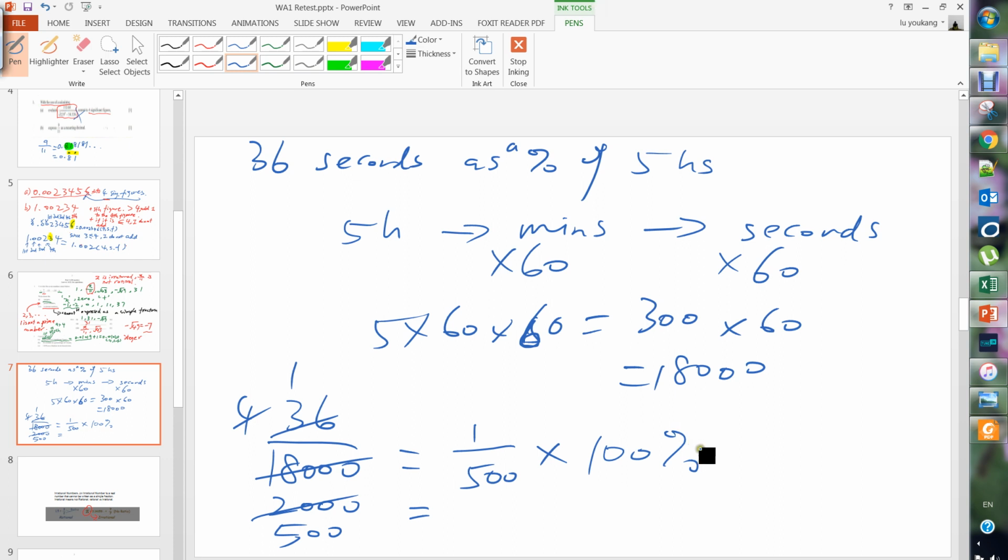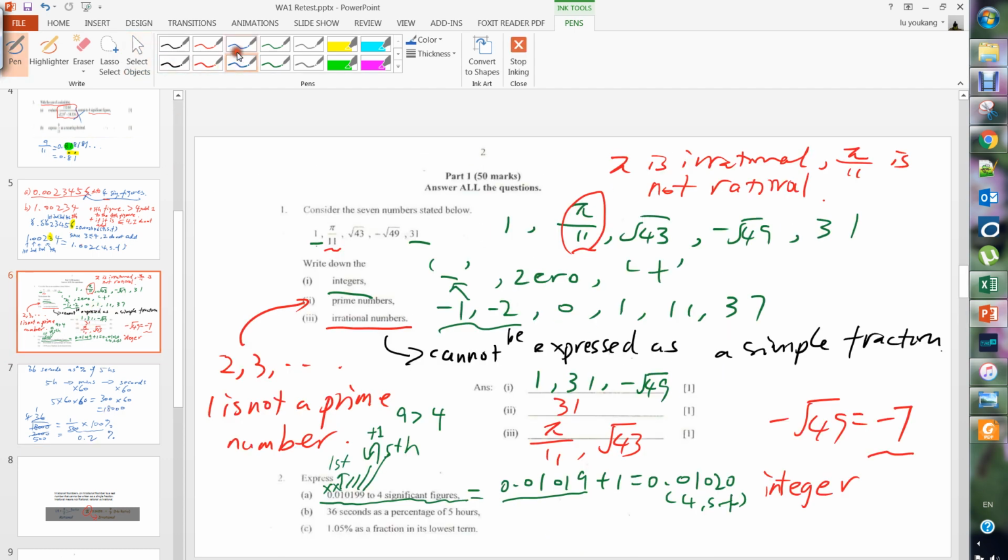To find percentage is times 100%, and then write the percentage sign down first, and do the calculation in front. So what you do is this 1 over 500 times 100. You get 0.2%. Okay, so that's the answer for part 2. Okay, 0.2%.